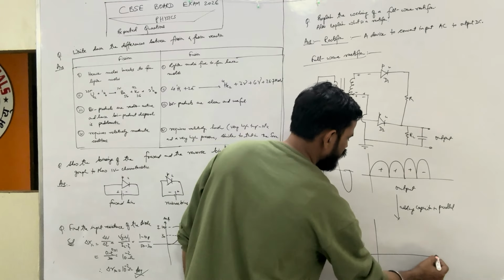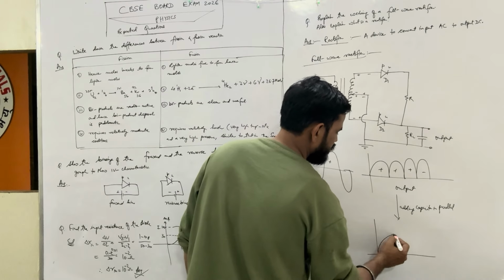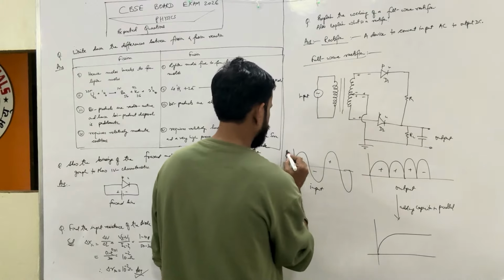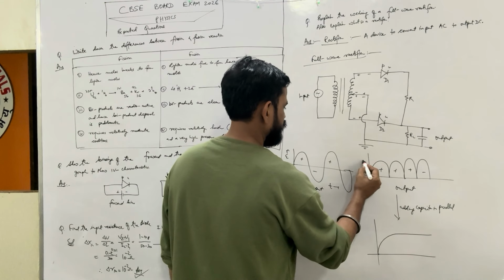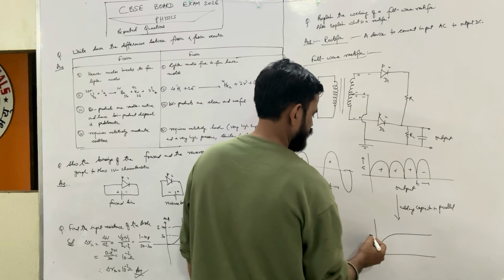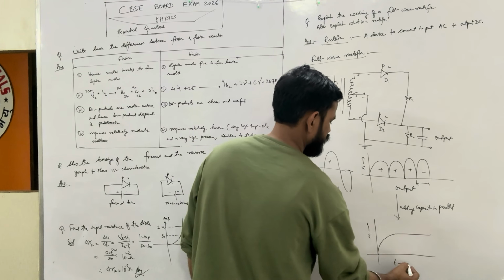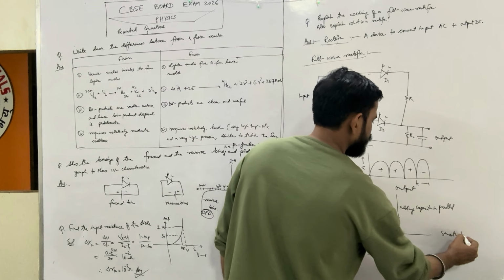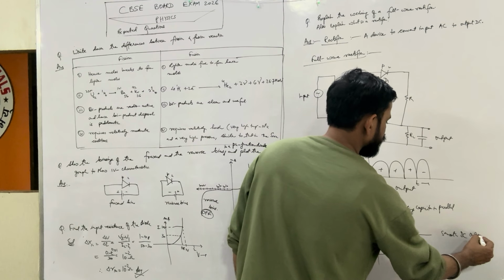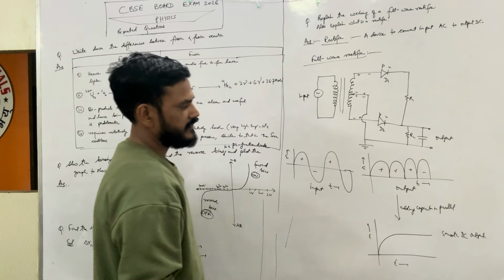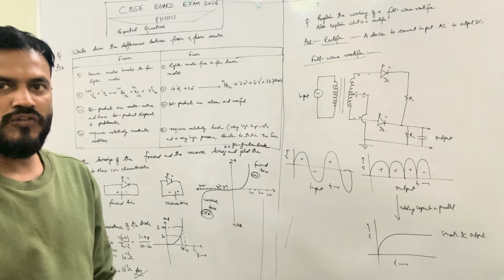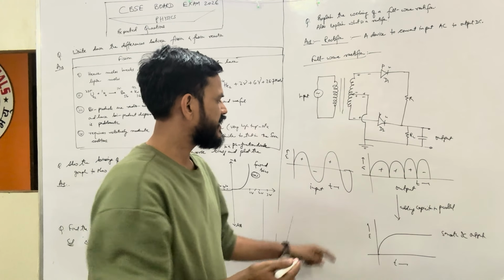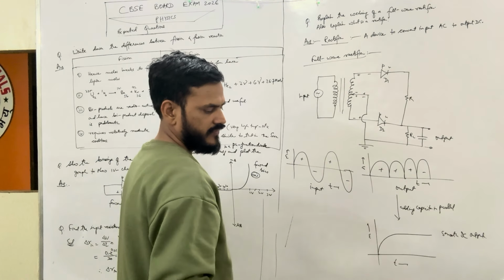So you get a smooth DC output. So this shows the working of a full wave rectifier. What we do here, we rectify both the cycles, plus and minus cycle of the input signal.